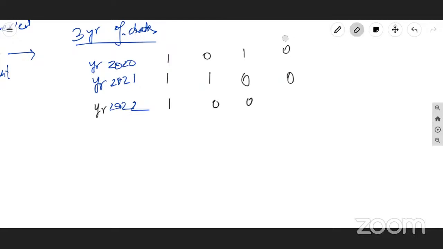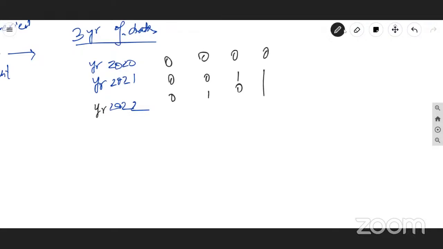So let me write down these combinations. 111, first we'll start with 0. So 000, 001, 010, 011, 100, 101, 110, 111.